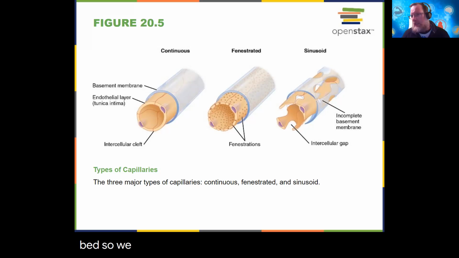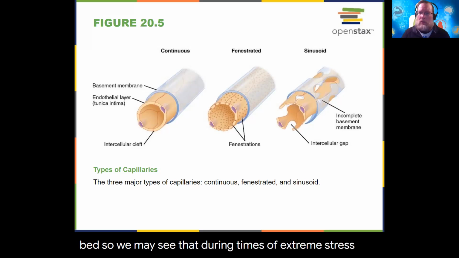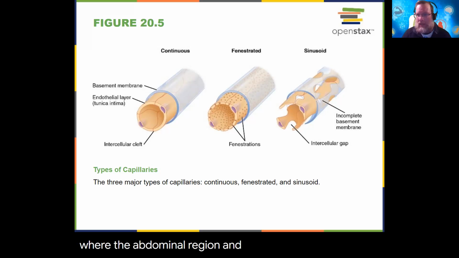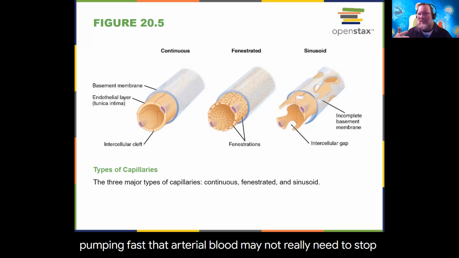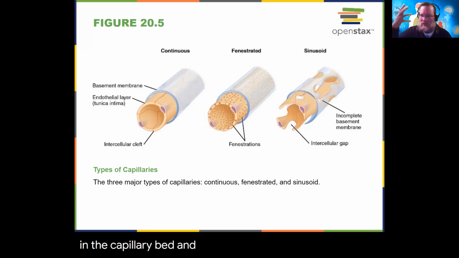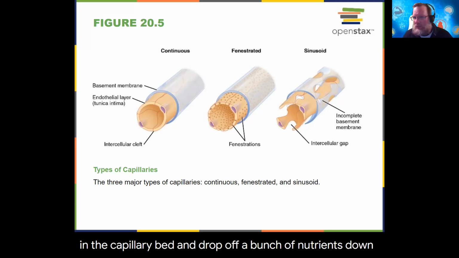So we may see that during times of extreme stress, where the abdominal region and the abdominal viscera usually vasoconstrict, and we send blood away from the viscera and out to the appendages. As the heart's pumping fast, that arterial blood may not really need to stop in the capillary bed and drop off a bunch of nutrients down in the abdominal viscera.